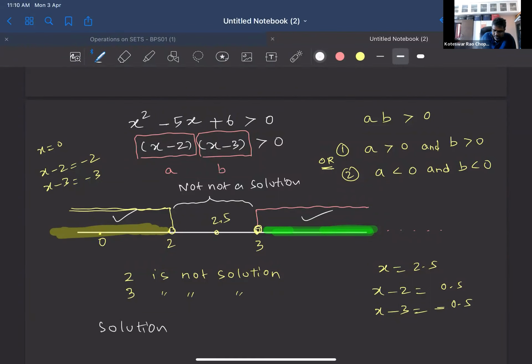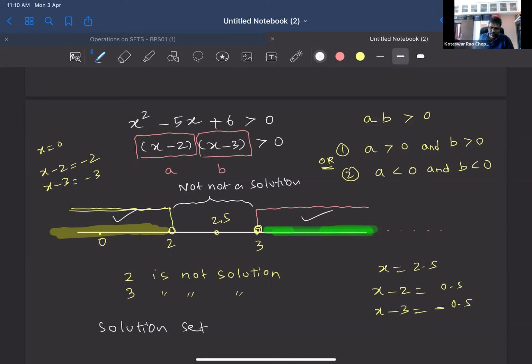The solution set will be now anything greater than 3 is okay, but 3 is not included. So what kind of bracket will I use? Curve bracket. Square or open? The normal one. Normal bracket, right? Because 3 is not included.